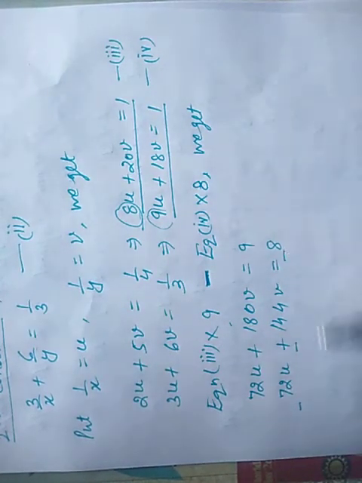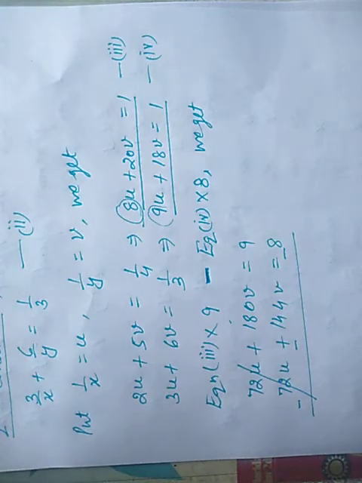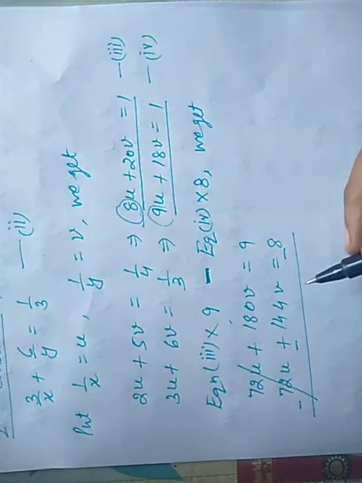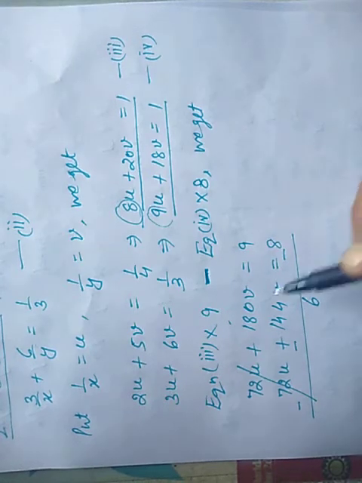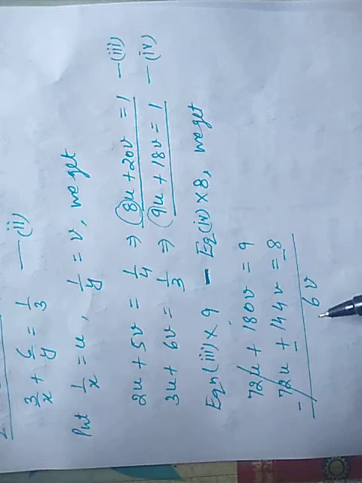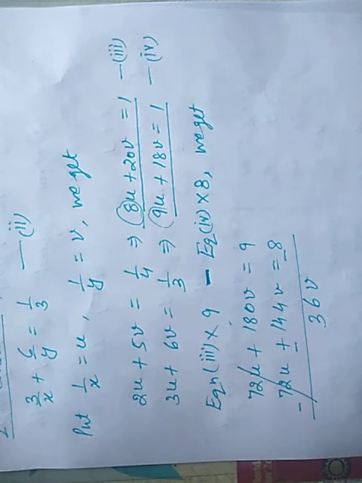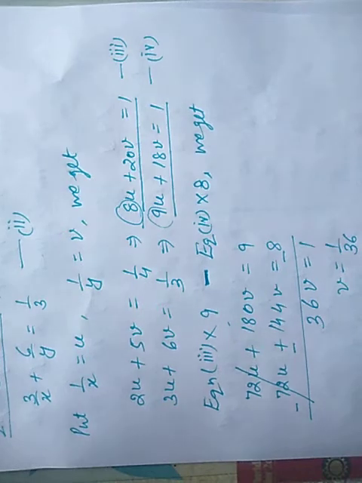This will eliminate, and 180v minus 144v, it will be here 36v. Okay, 36v is equal to 1, and v is equal to 1 upon 36.